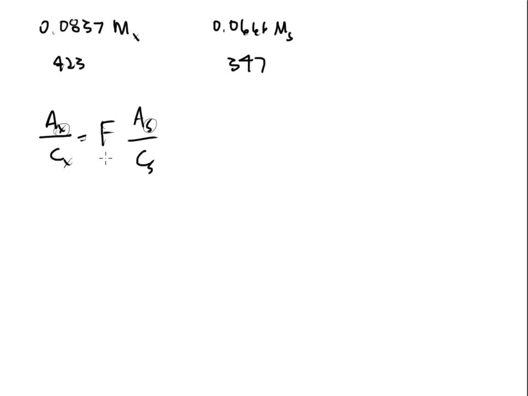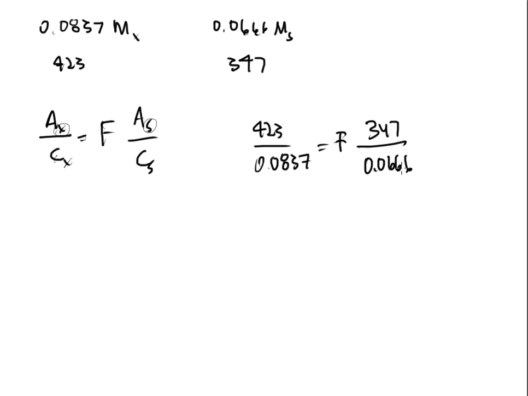The solution containing 0.0837 X is typically representative of the standard. So A sub X is 423, that's the signal, over the concentration 0.0837, equals F times the ratio. The S typically is the internal standard, so 347, that's the signal, over the concentration of that, which is 0.0666.